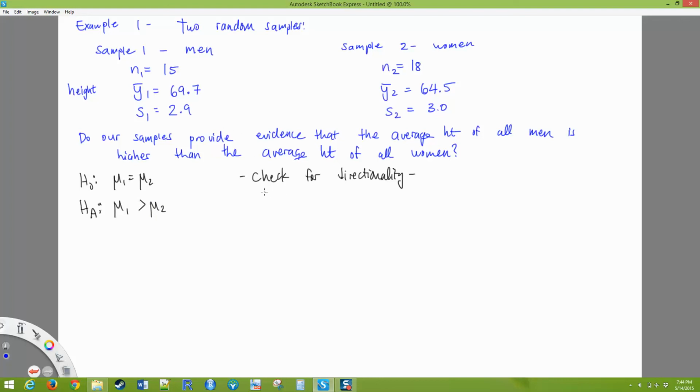Okay, so our data matches the directionality of the alternative. Okay, so now we can continue on. So we take our observed difference. What is our observed difference between sample means?